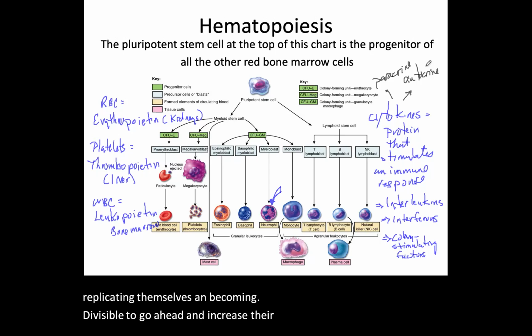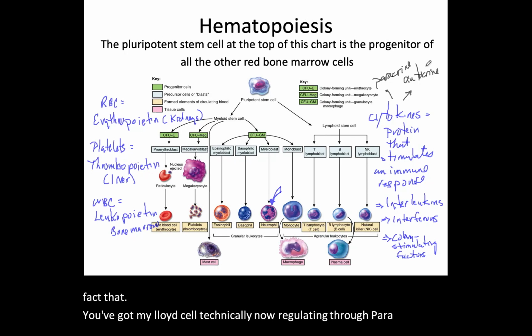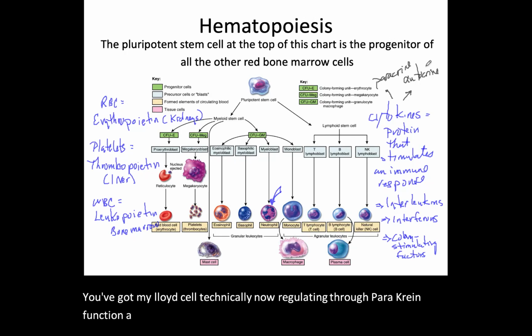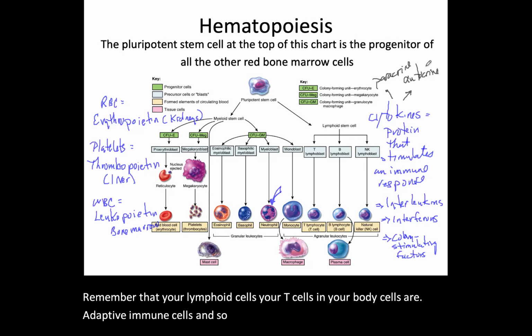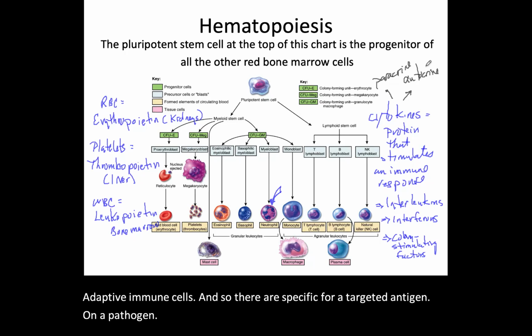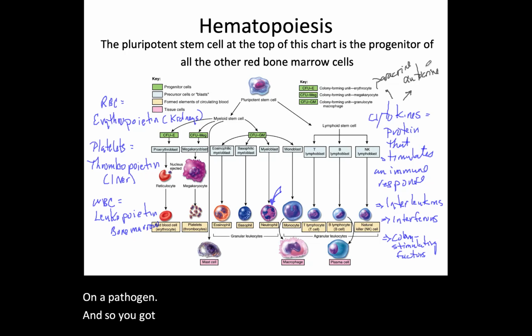And that is unique in the fact that you've got a myeloid cell technically now regulating through paracrine function a lymphoid cell. But remember that your lymphoid cells, your T cells and your B cells, are adaptive immune cells. And so they're specific for a targeted antigen on a pathogen.